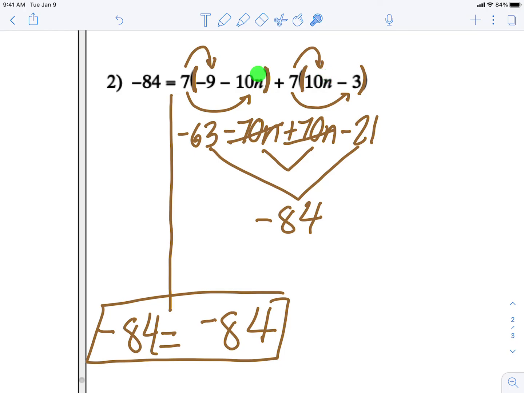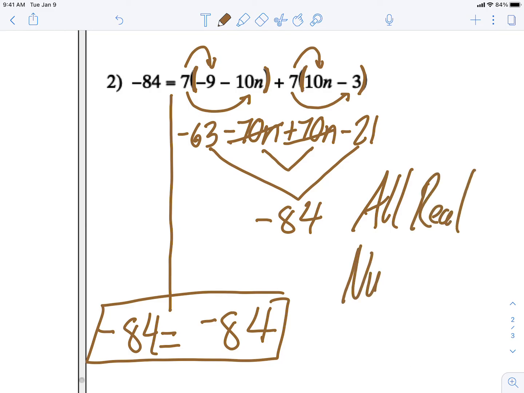If you plug in 1 million here and 1 million here, you will get negative 84. If you plug in 0 here and 0 here, you will get negative 84. If you plug in negative 1,000 and negative 1,000, you will get negative 84. So that means that the solution is all real numbers.